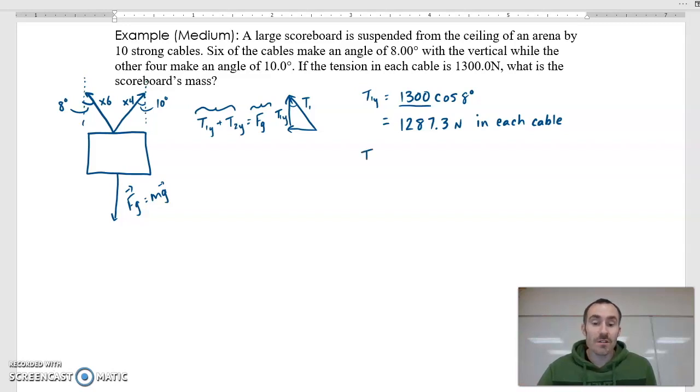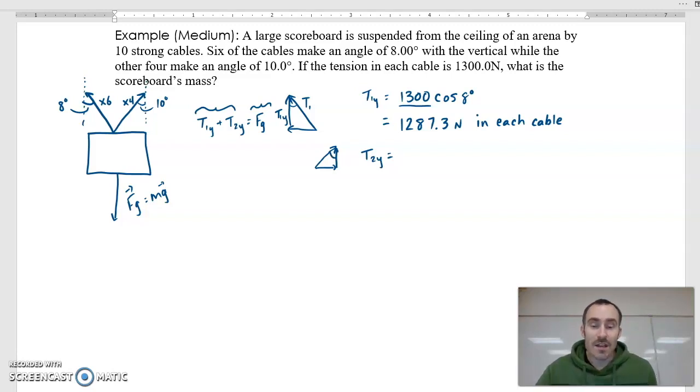So then when we're going to look for T2y, it's the same idea. You've got T2 pulling this way, and you can split it into its x and y components like this. And the angle that we're given is 10 degrees right there.